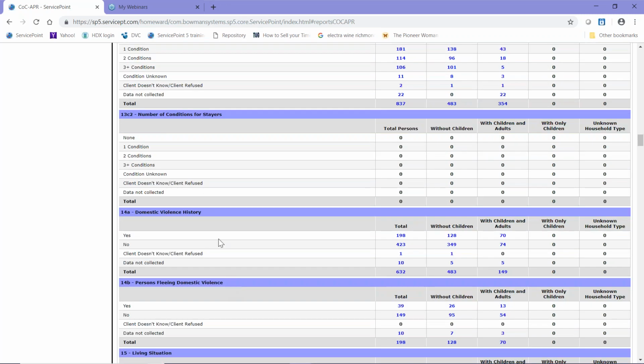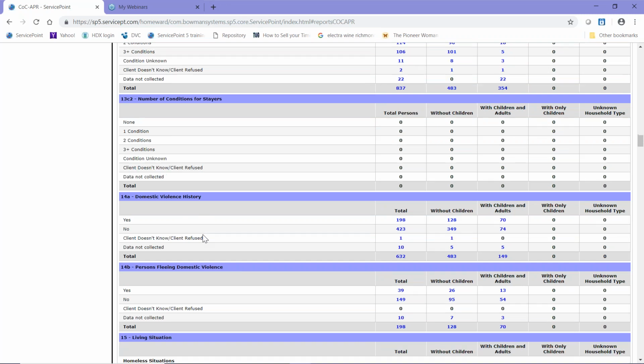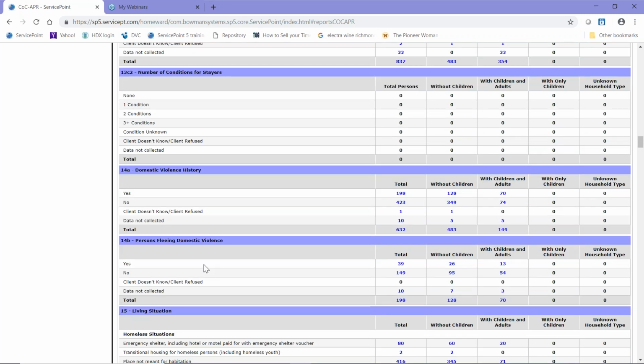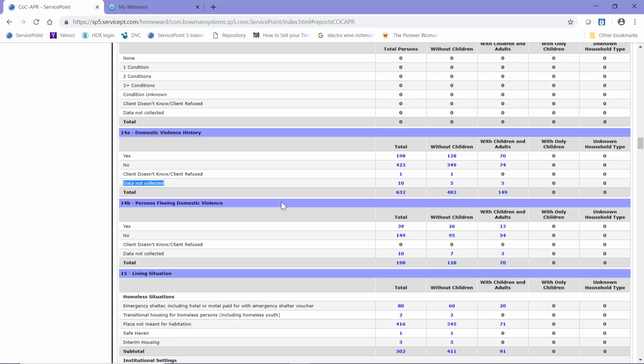Then we have the DV question. So are you a DV, yes or no? And then the corresponding, are you currently fleeing DV, yes or no? And again, on this particular project, we have some missing data. So we would need to go in and correct that.